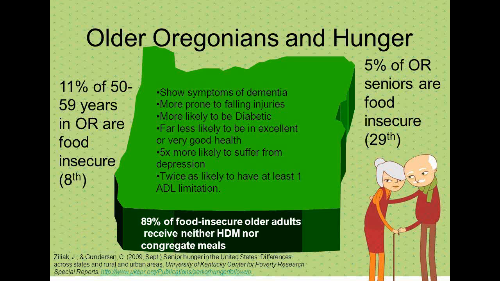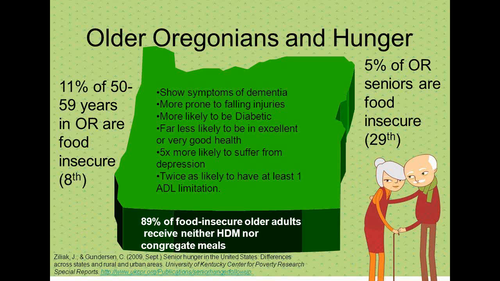Food insecurity occurs, and I think this is important to really recognize what food insecurity is, whenever the availability of nutritionally adequate and safe food, or the ability to acquire such food in socially acceptable ways, is limited or uncertain.